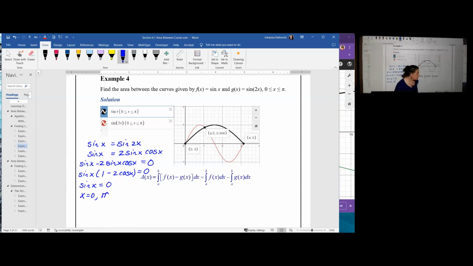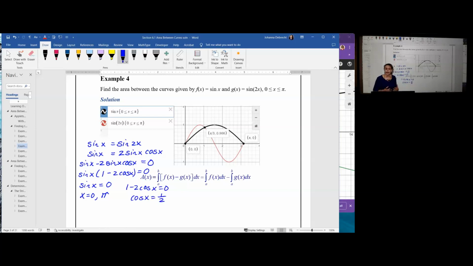And in fact, that corresponds to the left endpoint and the right endpoint where the two curves clearly do touch. Now, what about the other factor? Setting 1 minus 2 cosine of x equal to 0, I end up with cosine of x equal to positive 1/2.